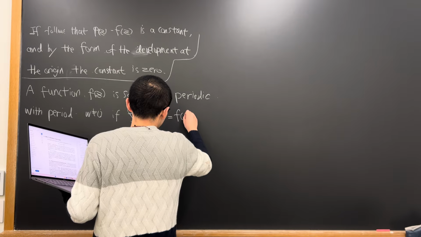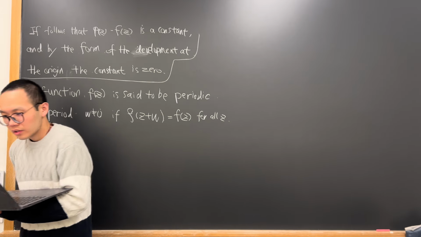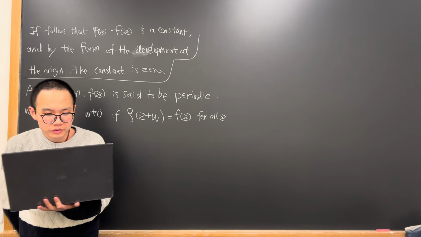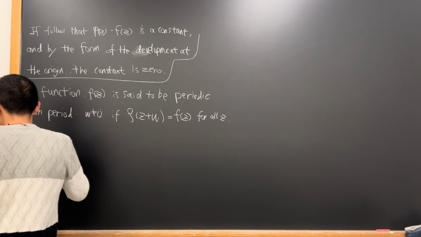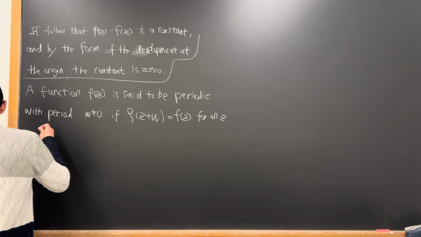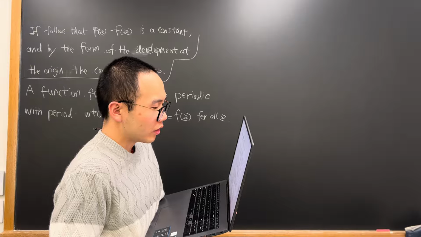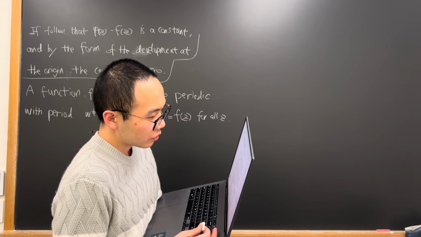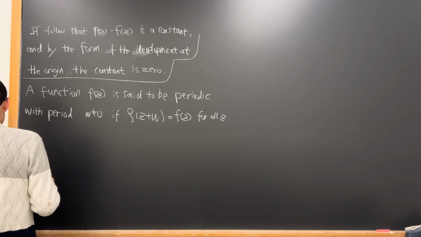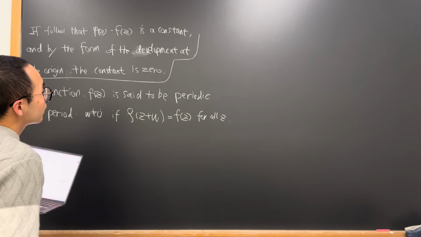For instance, e to the z has period 2 pi i, and sine z and cosine z have period 2 pi. Let me check for sine.